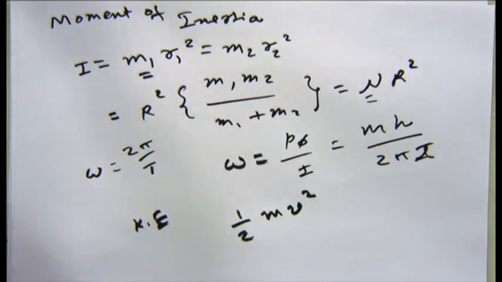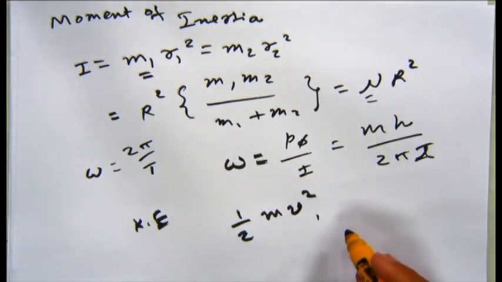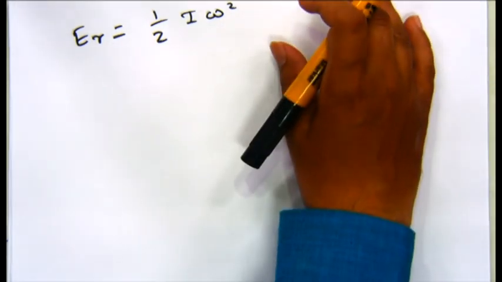But if we are talking about the kinetic energy for rotational motion, instead of linear motion, we are going to discuss rotational motion. So for rotational motion, ER is equal to half I omega square. So ER is the kinetic energy of the rotating molecule.